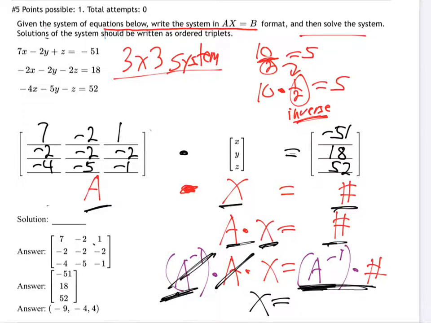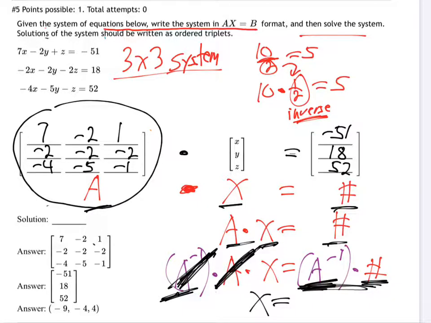So when you multiply by the inverse, it cancels out A, because this is like A divided by A. It cancels out, get X alone. So what will X equal? The inverse of A times the number matrix. So that means I need to take this matrix A, find the inverse of it, and multiply it by the number matrix. This is the number matrix over here.